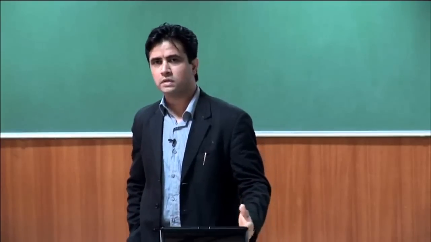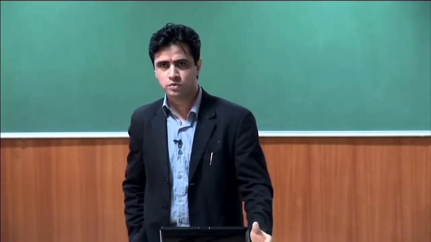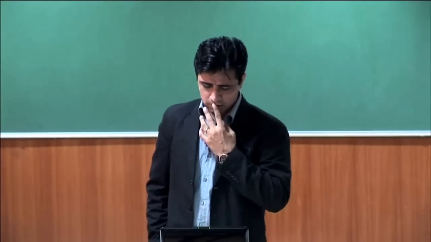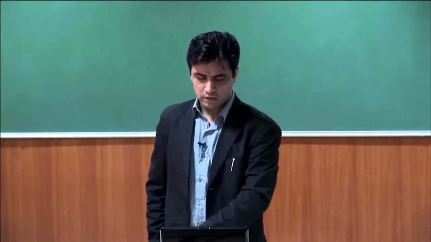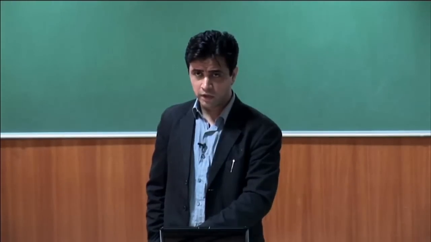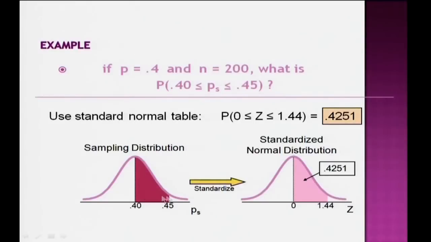Then we moved to sampling distribution. Sampling distribution is like probability distribution. So, sampling distribution of proportion can be calculated, and sampling distribution of mean can be calculated. Here concepts of normal distribution play an important role.